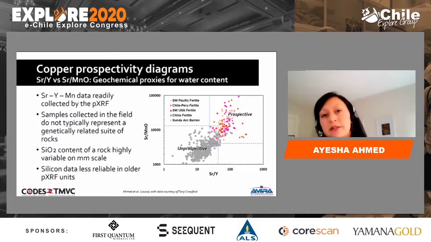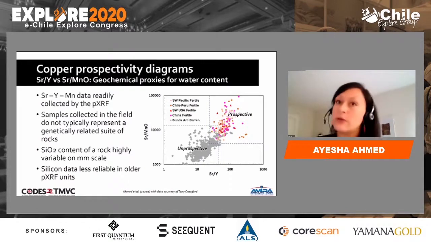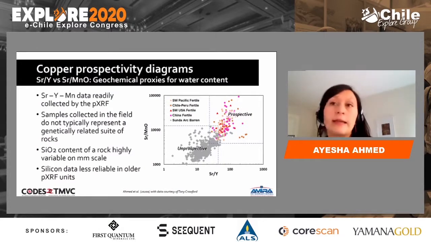But if we take a minute to think about our exploration reality, samples collected in the field do not typically represent a genetically related suite of rocks forming along a fractionation trend. Instead, samples are essentially point data, and this makes silica less important.